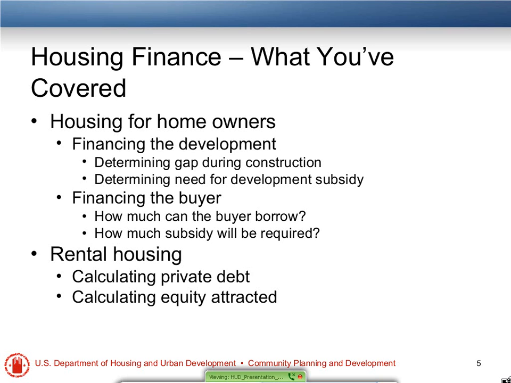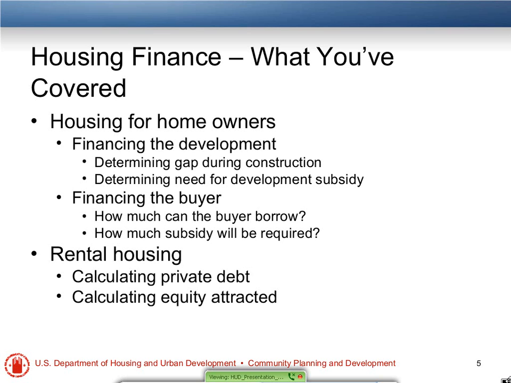We also looked at financing the buyer of the individual units and determining how much that buyer could afford. If you'll recall from the 410 class, we had a lender analysis worksheet that we worked through to see if the buyer could afford the home they were looking at based on their income and other fixed obligations, or whether a home buyer subsidy was required in order to make that home affordable to the individual.